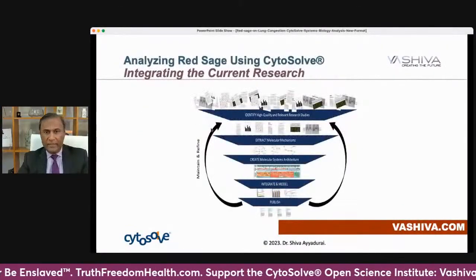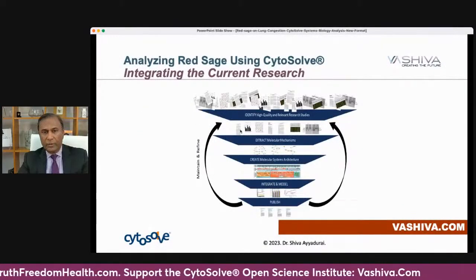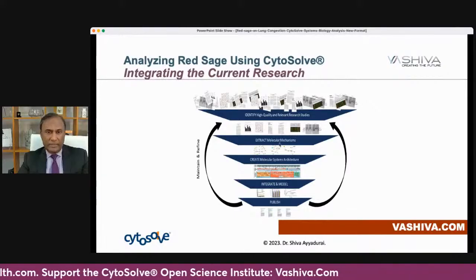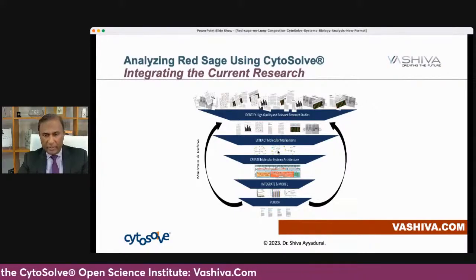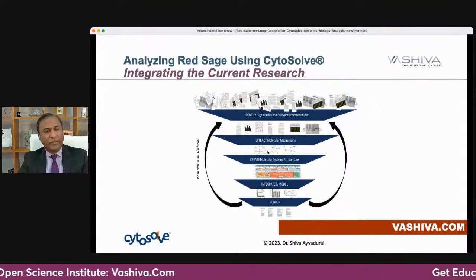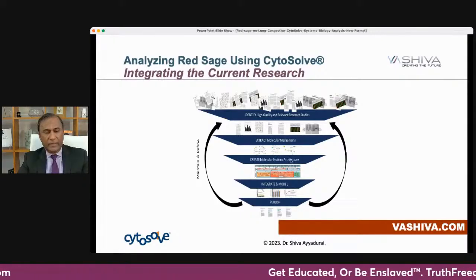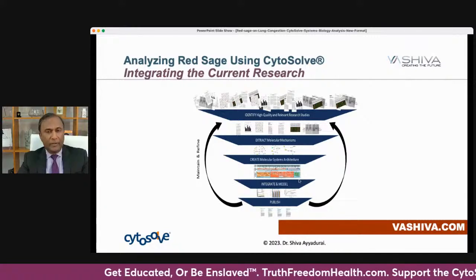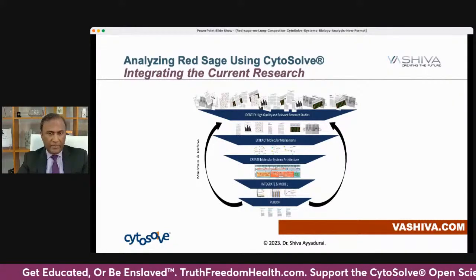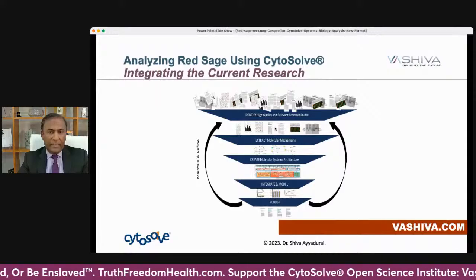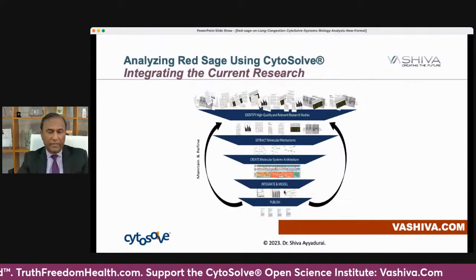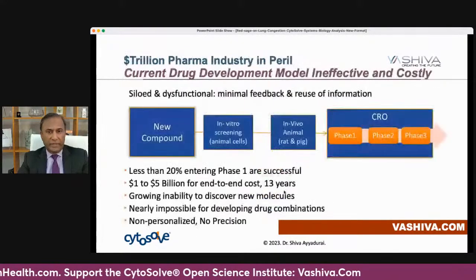Well, CytoSolve takes all of this research, and we extract out the relevant ones, in this case dealing with lung congestion. It's a little bit hard to see here, but we extract out the molecular mechanisms, which means all the chemical reactions where red sage affects lung congestion. Then we understand systematically what all those molecular mechanisms are, which I'm going to share with you. There are 5 of them. And then how red sage affects those molecular mechanisms. And then we share that knowledge with you.